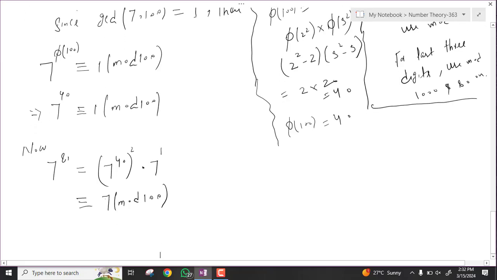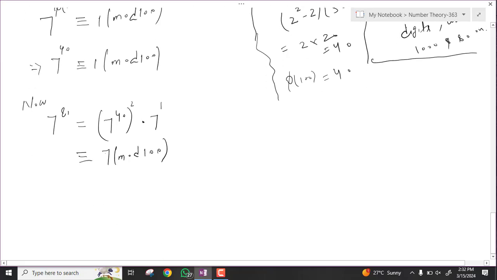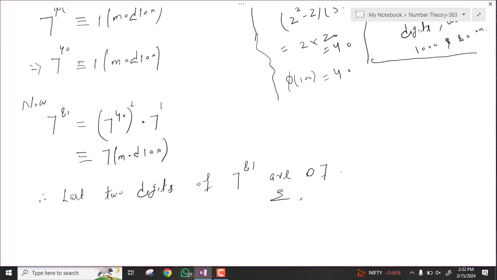Therefore the last two digits of 7 power 81 are 07. Okay, this is the method how we find the last digit, last two digits, last three digits of any number.